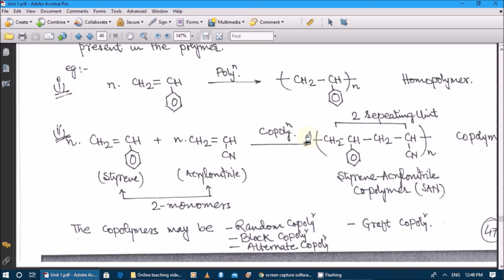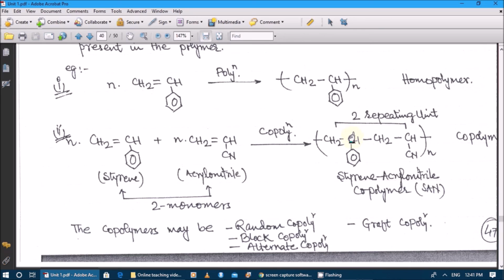And the polymer that will form by the co-polymerization of styrene and acrylonitrile will be a polymer in which the chain is composed of two repeating units, the repeating unit of the styrene as well as the repeating unit of the acrylonitrile. Although this is composed of two repeating units, we have to say that this is the one repeating unit of the copolymer.